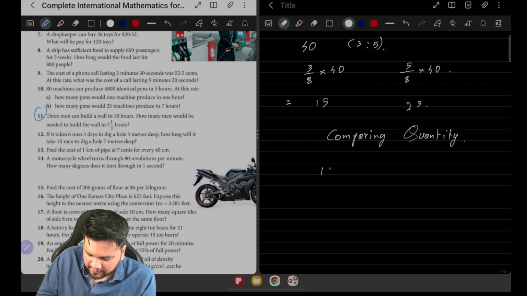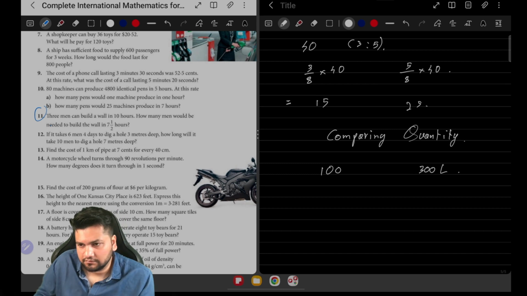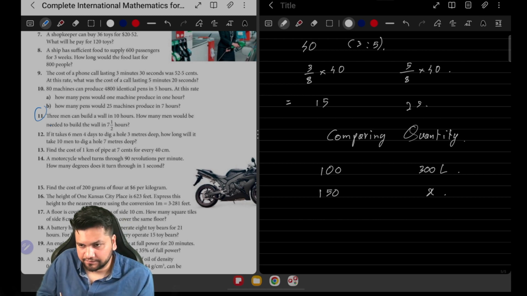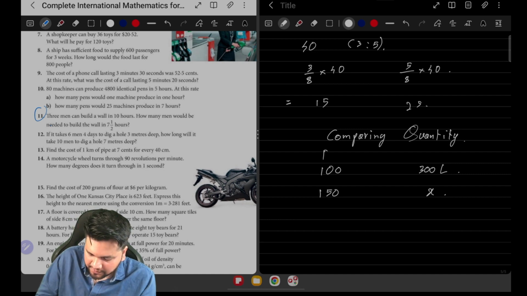So if 100 people drink 300 liters of water, let's say, 150 people will drink how many liters of water? Okay, so what we are comparing is people with water.